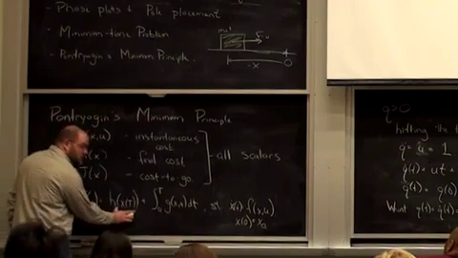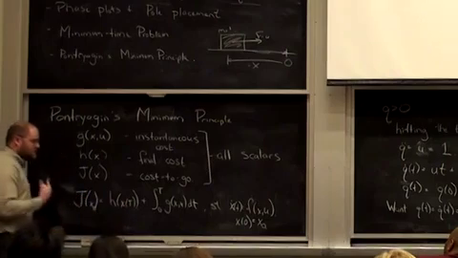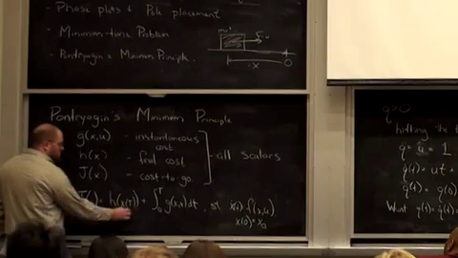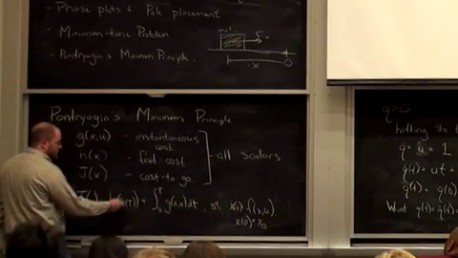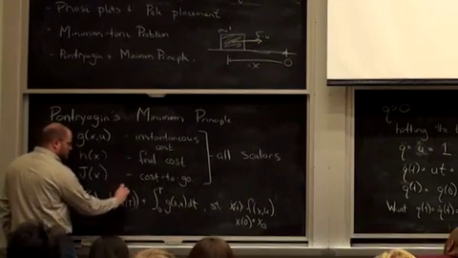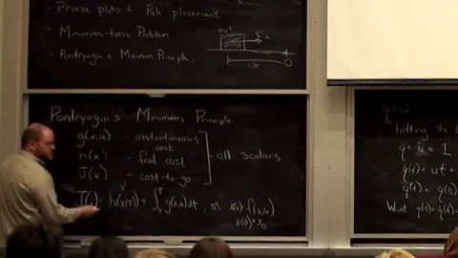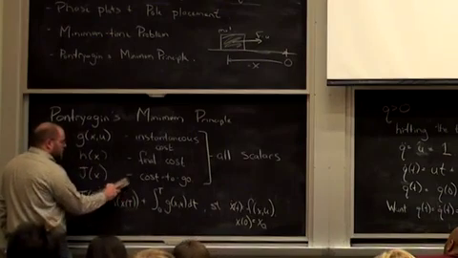H is a final cost. It's some function that only penalizes the final state of the system. So maybe I don't care what I'm doing for the first capital T seconds, but at time capital T, I want to penalize it for being away from 0, x squared here or something like that. There's lots of different forms.